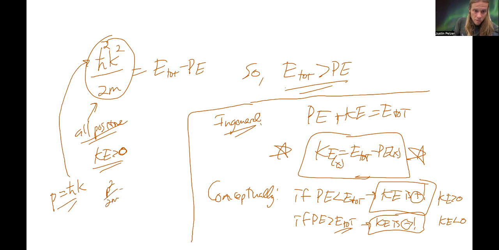So we get that reproduced. Great. But I think more importantly, we're just reproducing the equations that we already know. If we do h bar squared k squared over 2m equals E total minus potential energy.